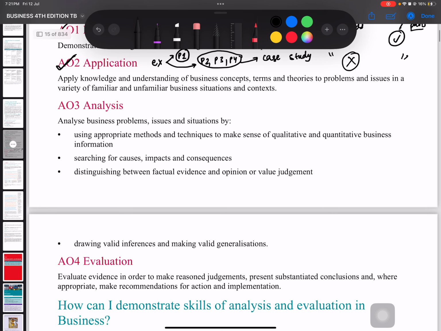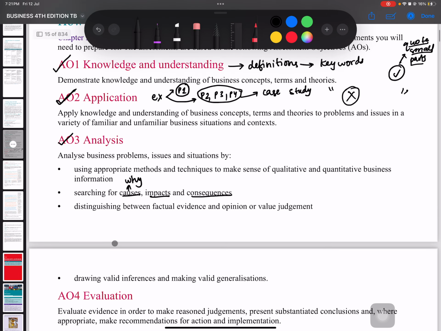Third is analysis. Analysis is all about cause, impact, and consequence. Cause is all about asking why. So we start a question with first the definition, then we give an example, and then we explain why we take that decision, and then what does it lead to. Impact is always about what it leads to in a business.